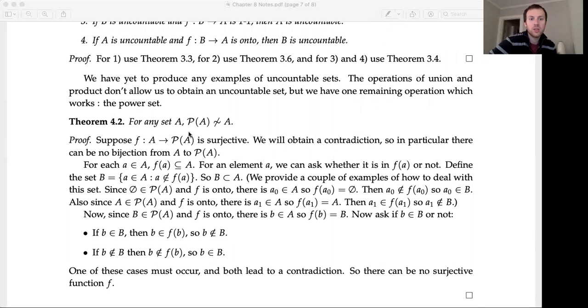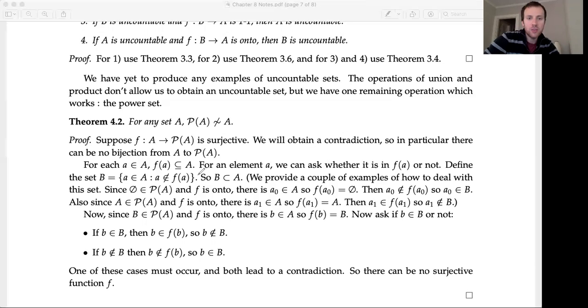So suppose for a set A that you had a surjection from A to the power set of A. We're going to get a contradiction, which says there's no onto function from A to the power set, which in particular means there can't be a bijection. But in fact, we don't even need the injective part.